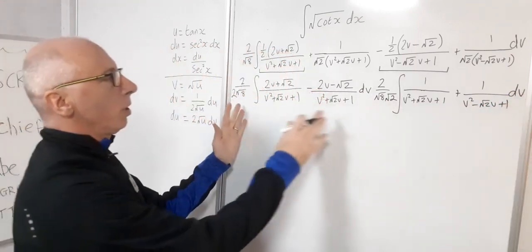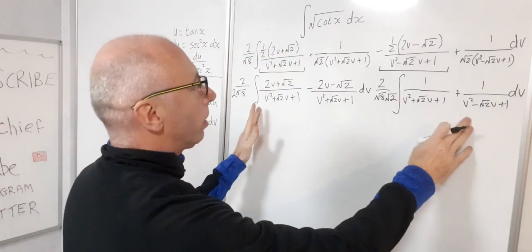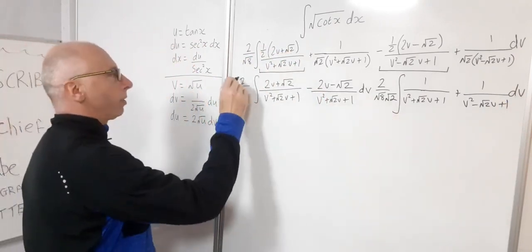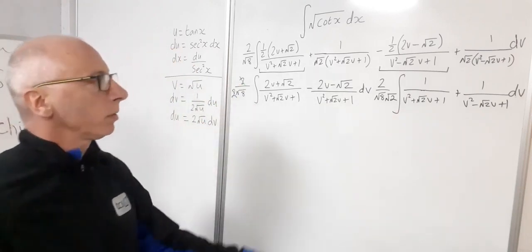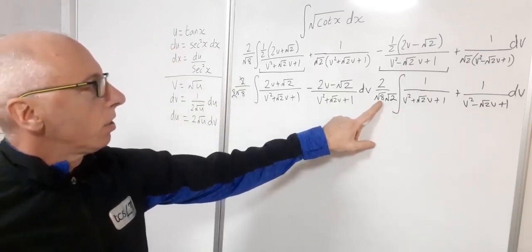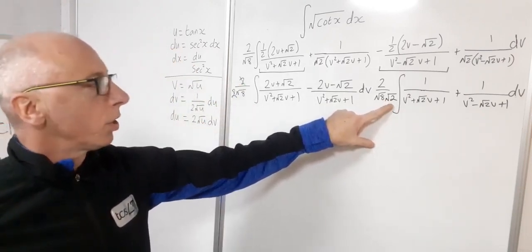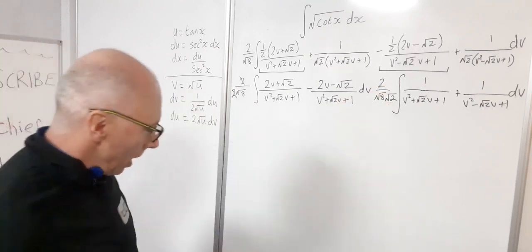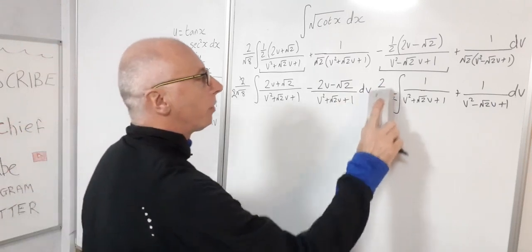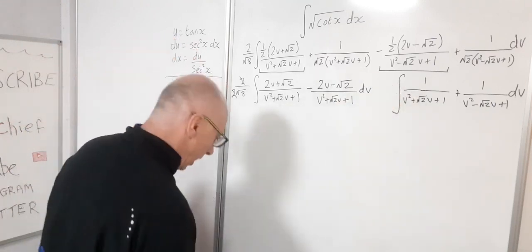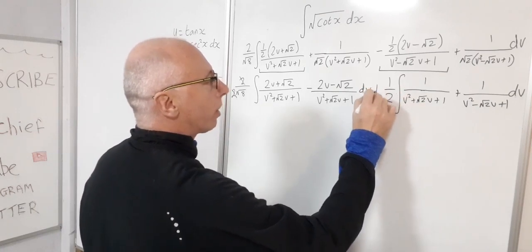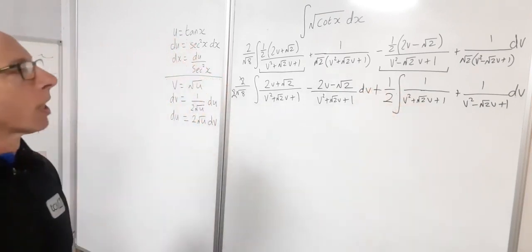So now we've got two integrals here with slightly different constants out front. So let's cancel those ones out. And then I've got square root of 8 times square root of 2, that's square root of 16, which is 4. 2 divided by 4, that now becomes 1/2. So let's just change that to 1/2 before we go any further with that one. And then don't forget my plus sign there.